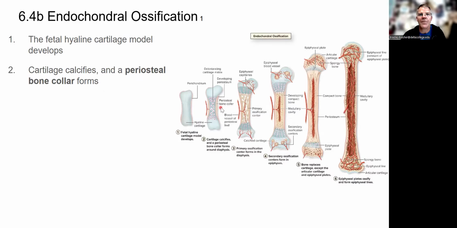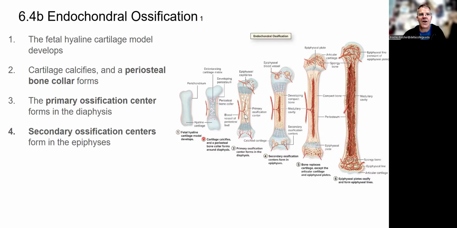So you can see that happening right here. Primary ossification center forms in the diaphysis. So the bone starts to harden in that diaphysis shaft first. And then secondary ossification centers form in the epiphyses.